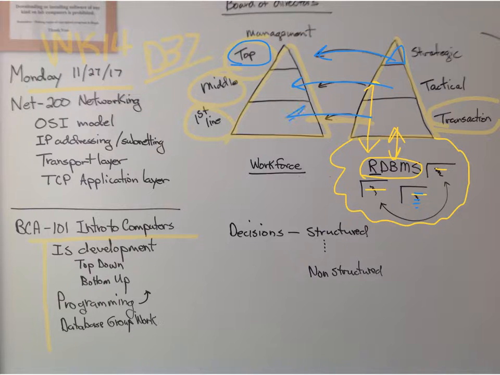So, first line, like at Walmart, they're just concerned that they have workers in a certain area to get the job done. They have the right checkout people, and that the transactions that are occurring are accurate.